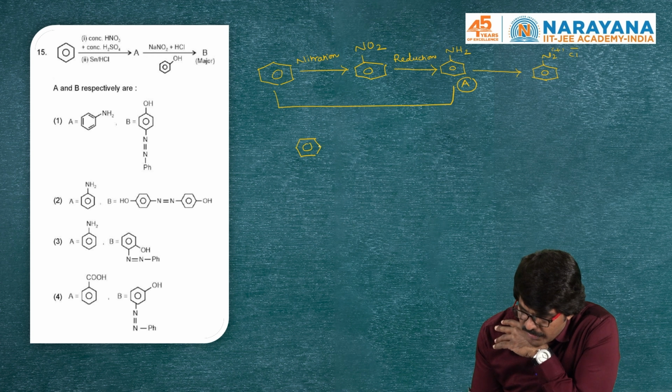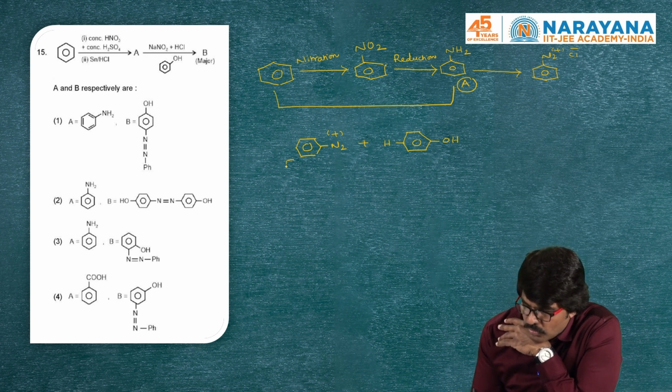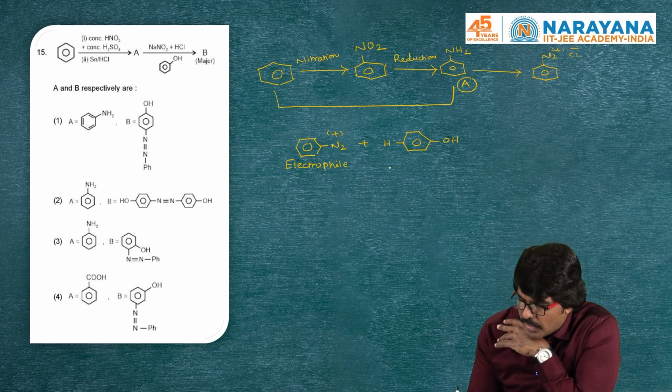Here this is your diazonium salt, it will act as the electrophile, and the second one, phenol, undergoes electrophilic substitution.